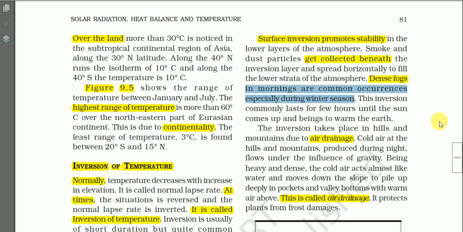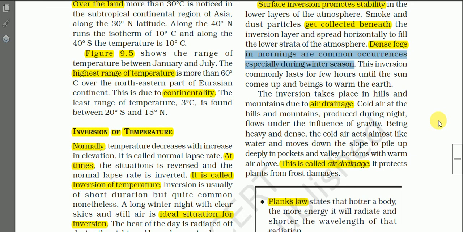So when we see fog and mist in the morning during winter, that is also an example of temperature inversion. But you must know that this inversion commonly lasts for a few hours, until the sun comes up and warms up the earth surface.